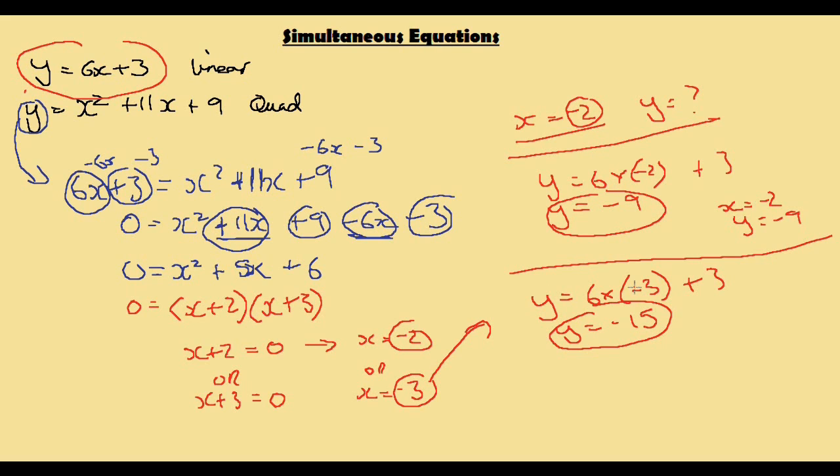And that means that we've got two solutions, or two sets of coordinates if you think about it in a graphical sense on a graph. We've got when x equals minus 2, y equals minus 9, and when x equals minus 3, y equals minus 15.